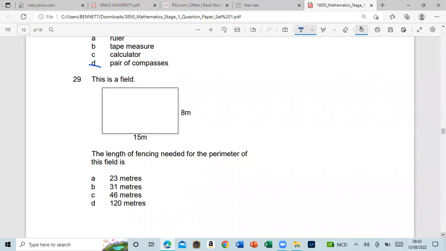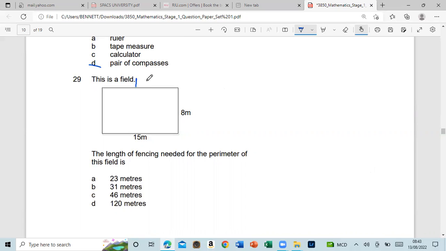29. This is a field, and they give you the measurement, 8 by 15. The length of the fencing needed for the perimeter of the field is? What would be the perimeter of that field? Sir, C. Where did you get it? Sir, because 15 plus 15, the opposite sides are equal.